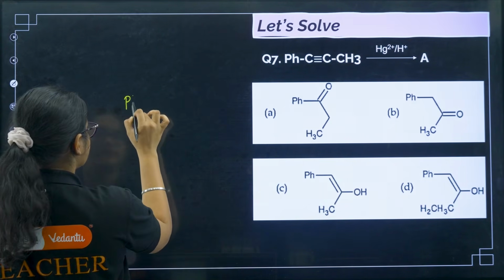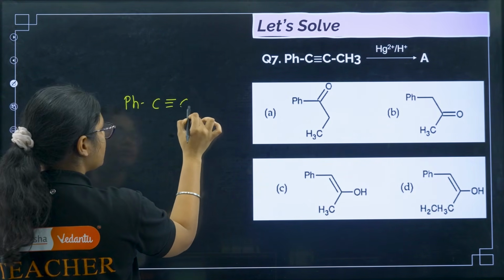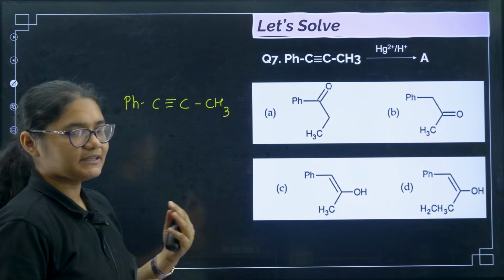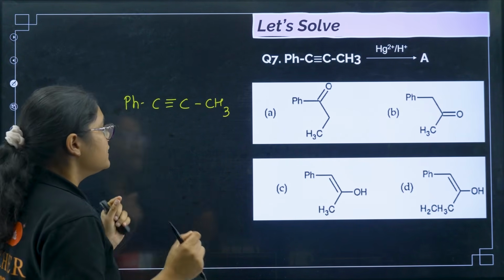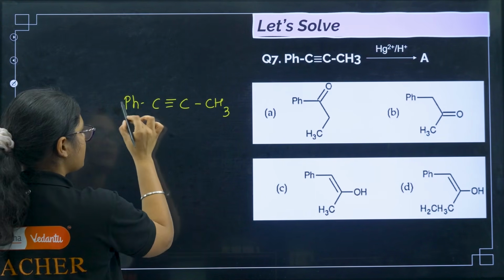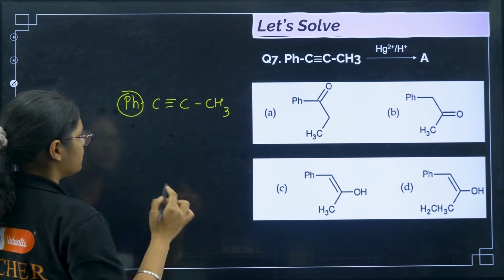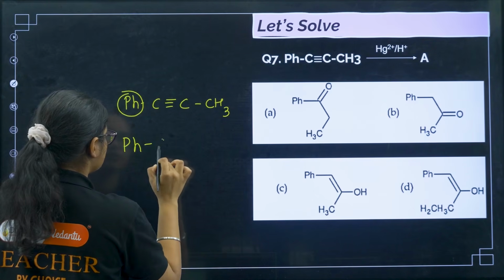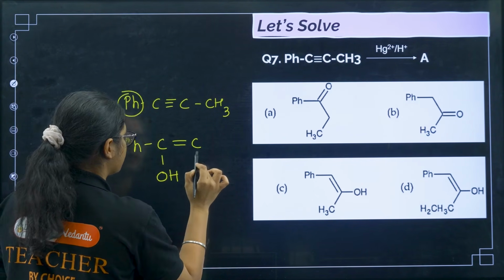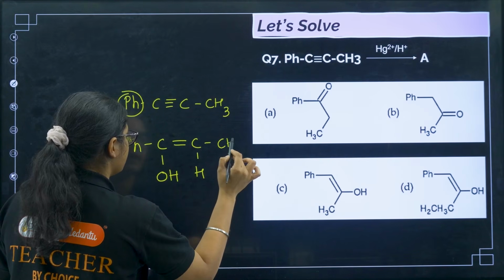Okay, next we have this Hg2+ and H+, with Ph-C triple bond C-CH3. This is an interesting question. See, H plus and OH minus you have to attach, but OH minus will be attached to the more stable carbocation. So here, because of this phenyl group there will be resonance, so this one will be more stable, and here we will get OH, and here I will get H, and then CH3.